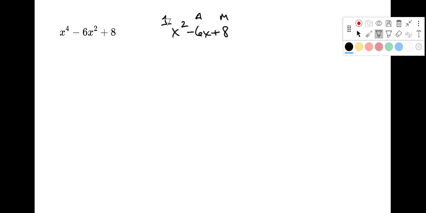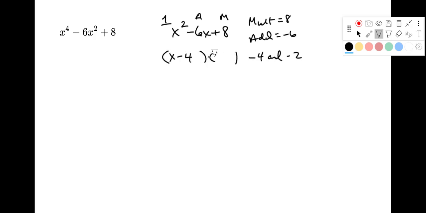It's a trinomial. There's a 1 in front of the x squared. I'd have to find two numbers that multiply to be 8 and add up to -6. Those two numbers would be -4 and -2. So I could factor this problem as x minus 4 times x minus 2. And that would be the correct answer for x squared minus 6x plus 8.